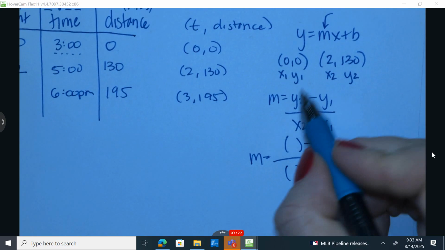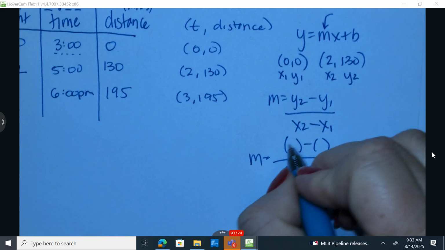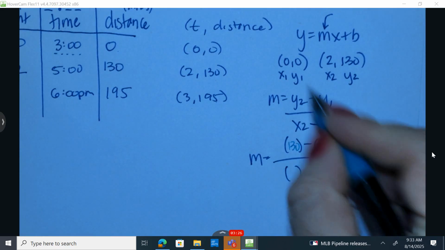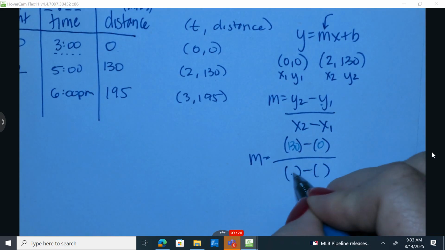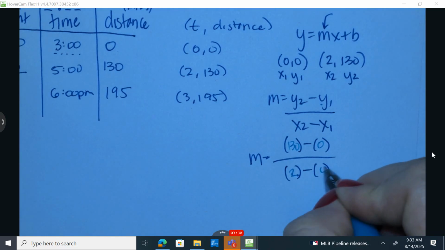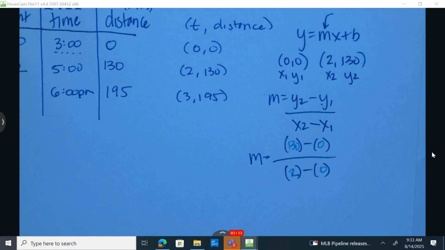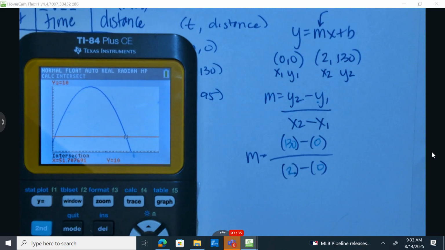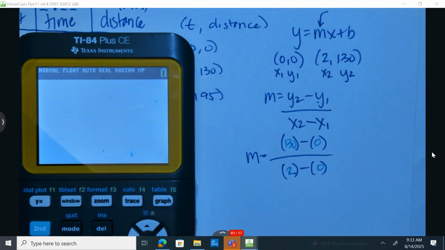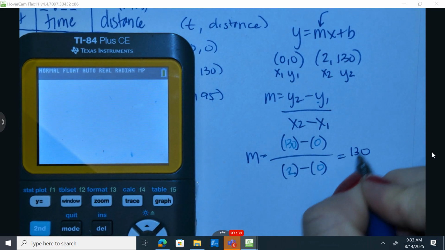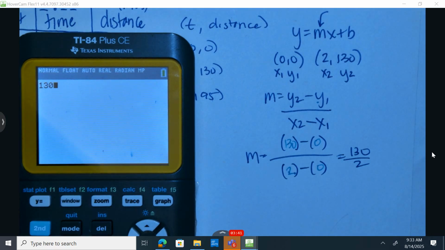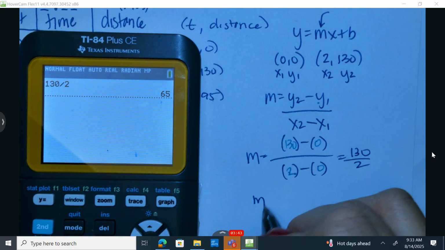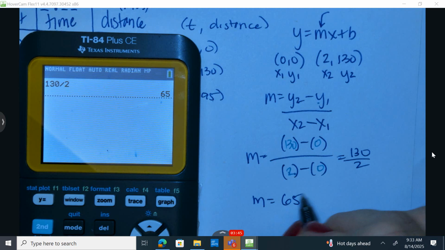Okay, so y sub 2 is 130, y sub 1 is 0, x sub 2 is 2, x sub 1 is 0. Now, I don't care if you use a calculator, so if you want to go, okay, what's 130 minus 0, that's 130, what's 2 minus 0, that's 2, and then if you take your calculator and divide it, I don't care about that, but you showed me you understood the concept.